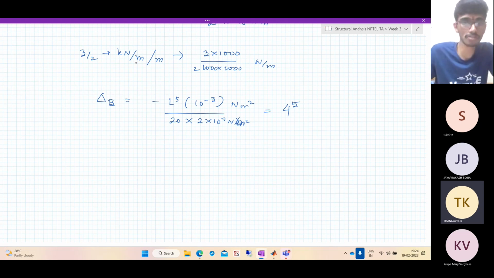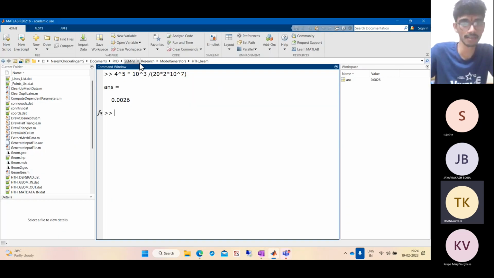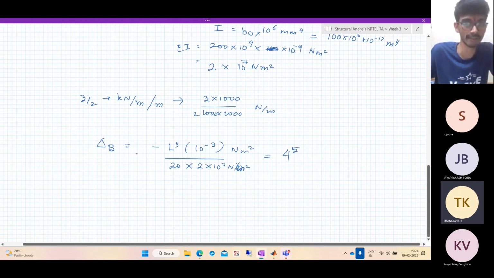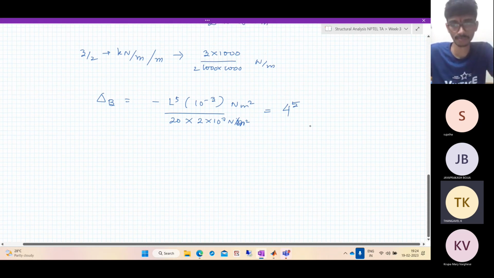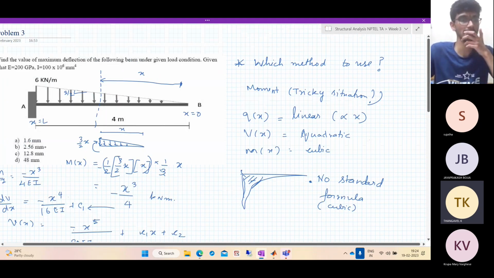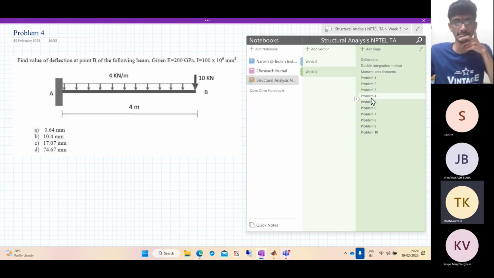Oh, wait. I think the issue is with the precision. So let me say format long. So it is 2.56 mm. This is in meter, so the answer is 2.56 mm, which is this. So it's option B. Let's go to the next question.